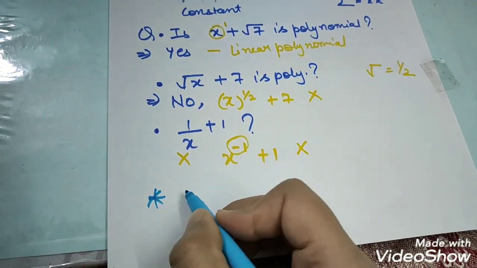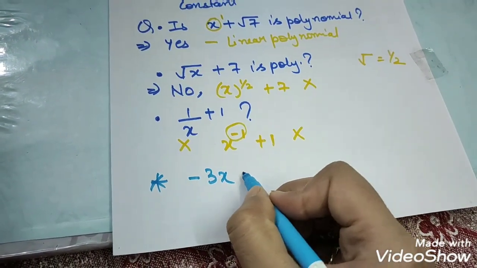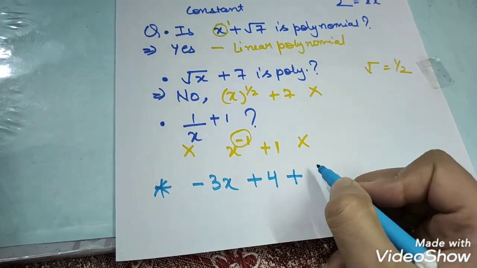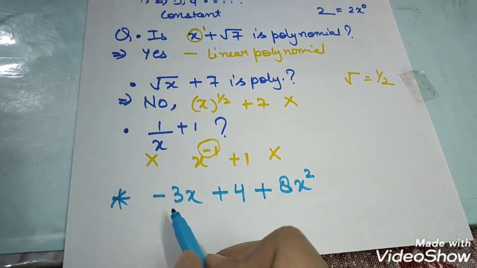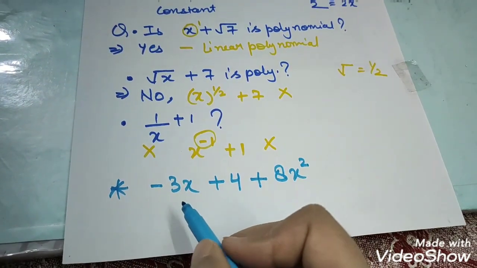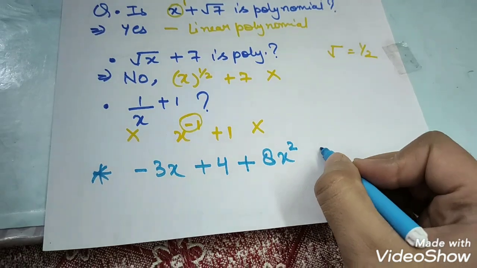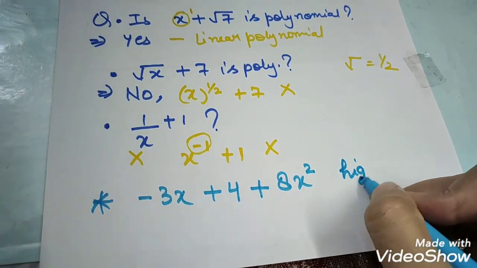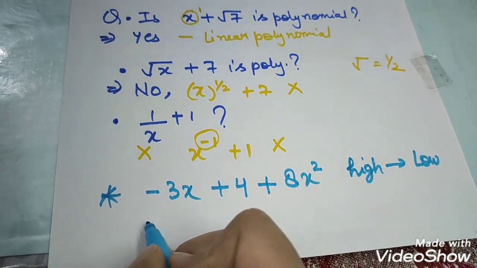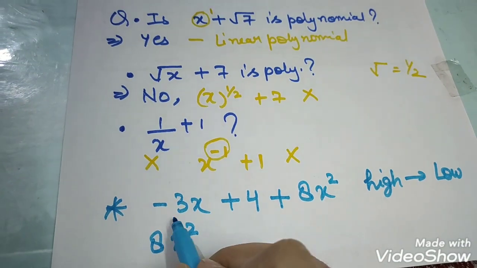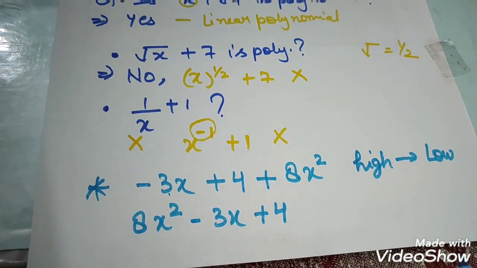One more thing, if I am writing a polynomial such as minus 3x plus 4 plus 8x square, then whenever we have to write a polynomial, we should always first rearrange it from highest degree to lowest degree, highest power to lowest power. That is, the highest power is 2, so 8x square, then minus 3x, then the last one is 4, the constant number.